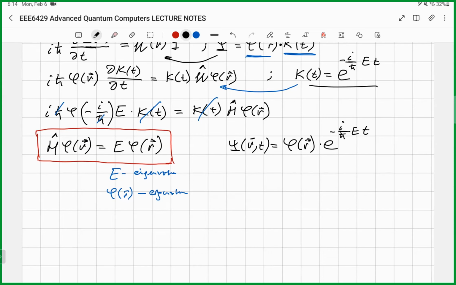So this is the total solution to the Schrodinger equation.